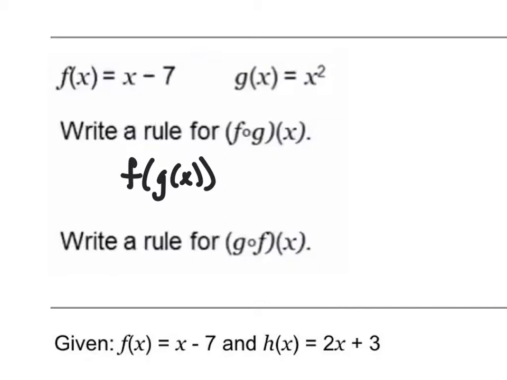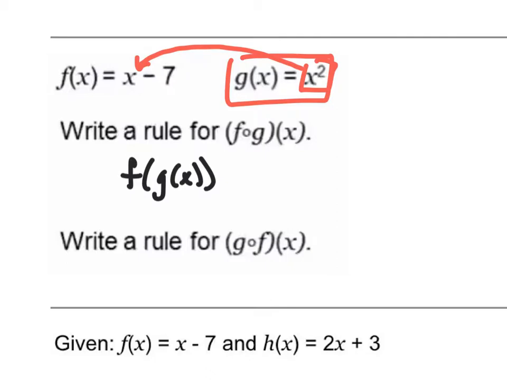If I'm trying to figure out a composite function, an actual function, what I do is I'm going to take my function g, specifically the x squared, and I'm going to plug that into the x value of my other function, okay?